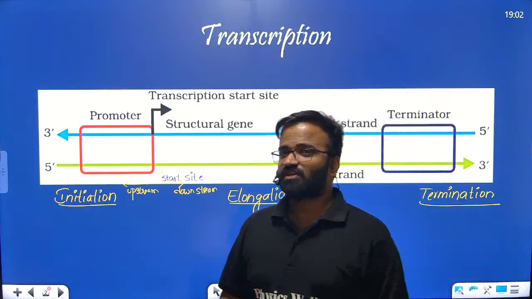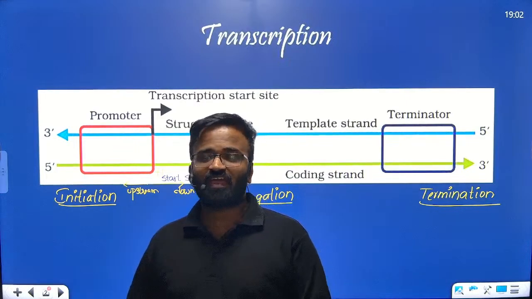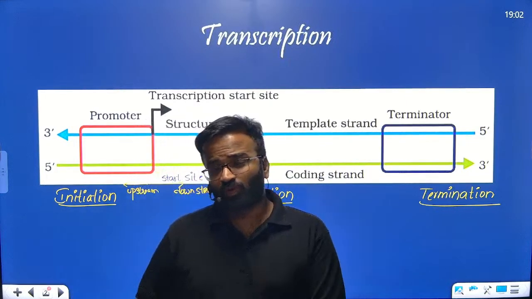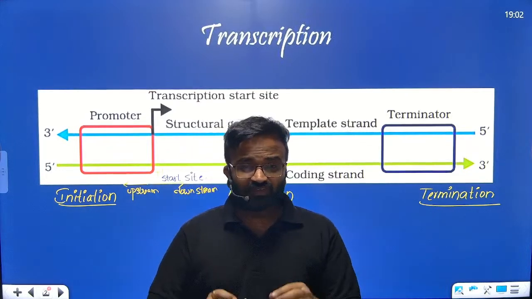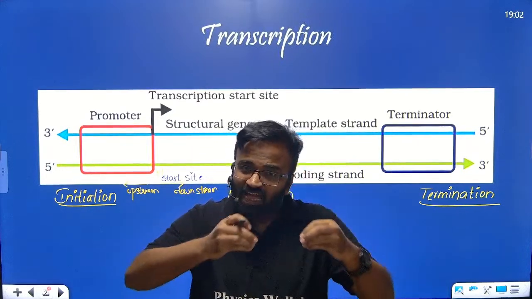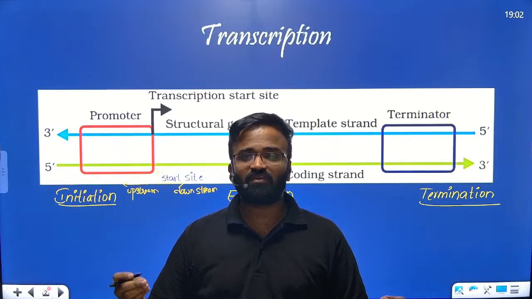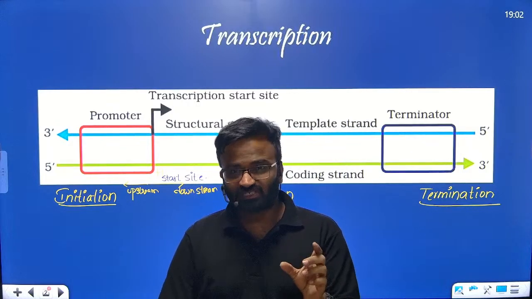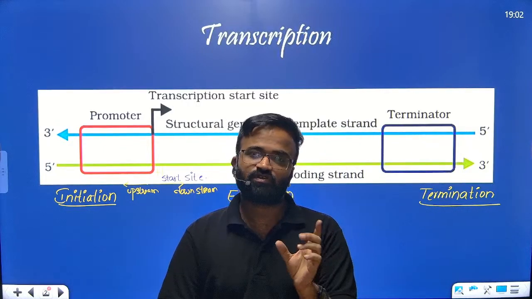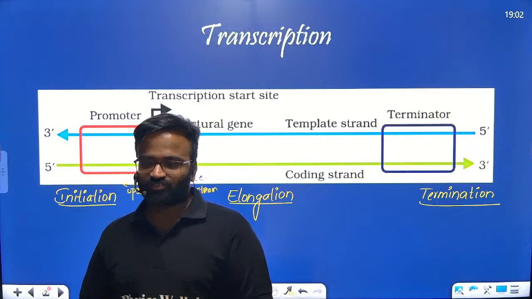In replication, both the strands of the DNA act as a template. Over here only one strand acts as the template. Even in that strand, the entire strand is not copied. It all depends upon which particular gene has to be transcribed. Only that sequence of the DNA will be transcribed.